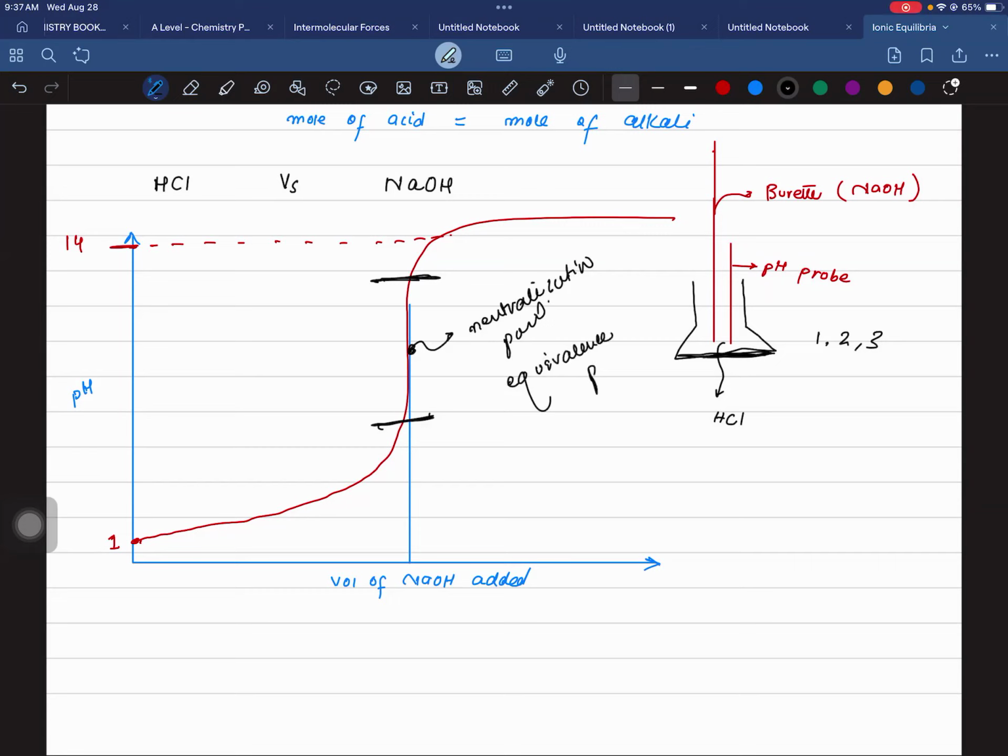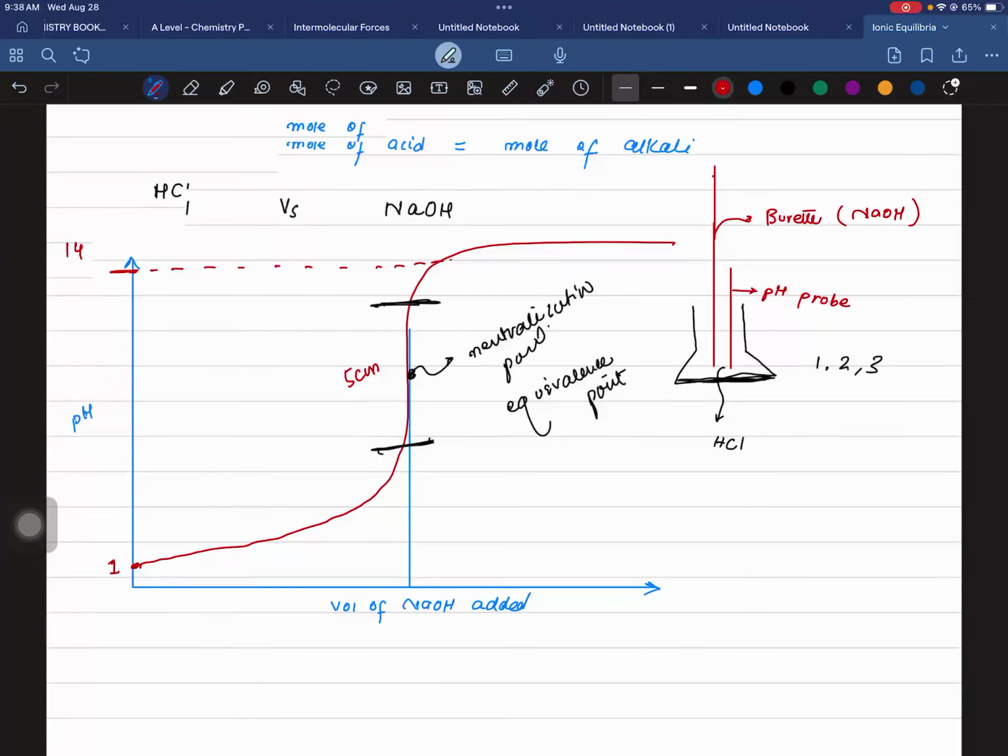A straight line divided by 2. I am considering that the straight line is of 5 centimeter. If you divide this 5 by 2, that would give you the equivalence point.